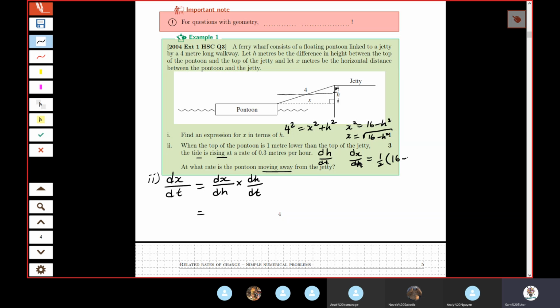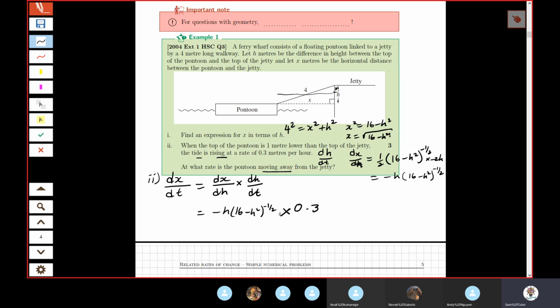Bring it down. 16 minus h squared to the negative half, times negative 2h, chain rule, times the derivative of the inside. So dx on dh is negative h, 16 minus h squared to the negative half, times dh on dt. dh on dt is 0.3 meters per hour.